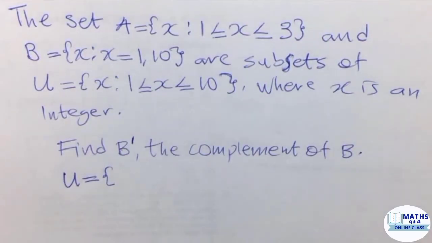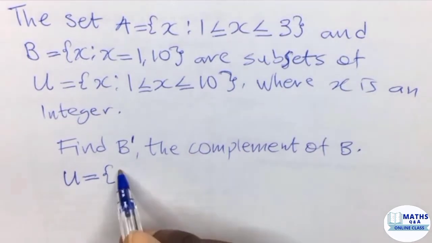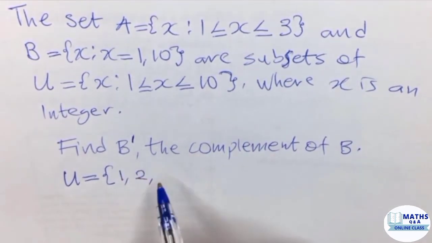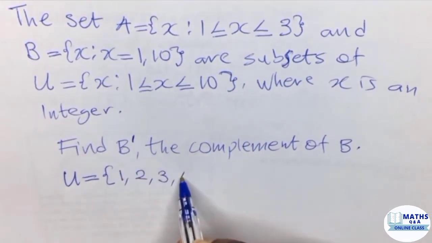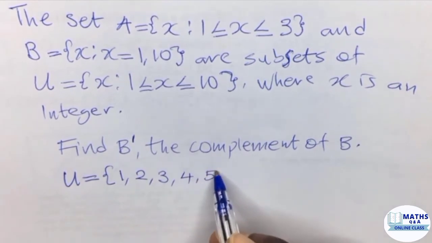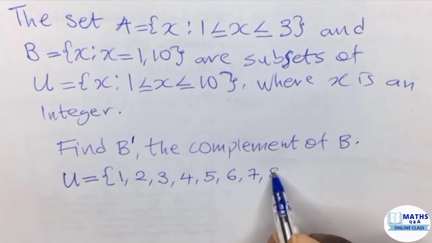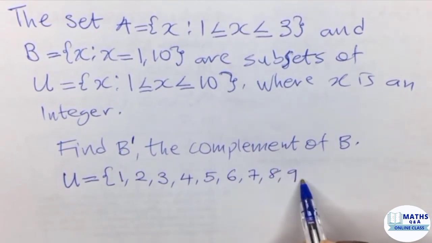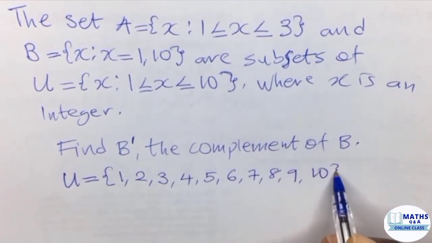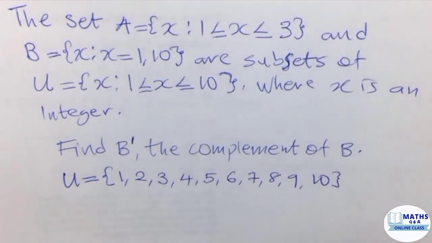Let's go ahead and list the whole numbers from 1 to 10. So 1 is part of it. We have 2, 3, 4, 5, 6, 7, 8, 9, and then 10. So that is where the universal set ends.